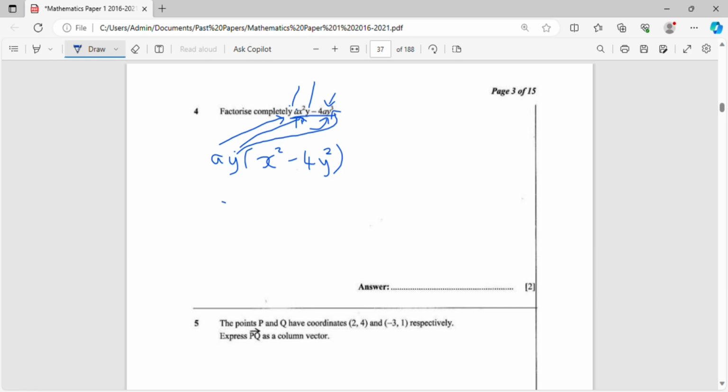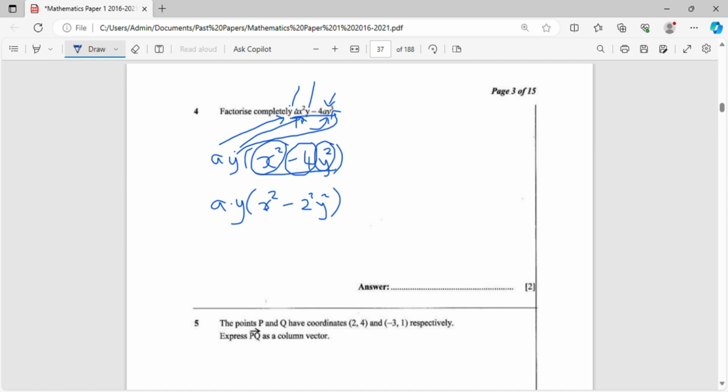So now we can further factorize it by saying ay, x squared minus 2 squared y squared, simply because we cannot make this a difference of two squares otherwise. This variable is raised to the power 2, this variable is also raised to the power 2, but the coefficient, the constant value here, is not raised to the power of 2.